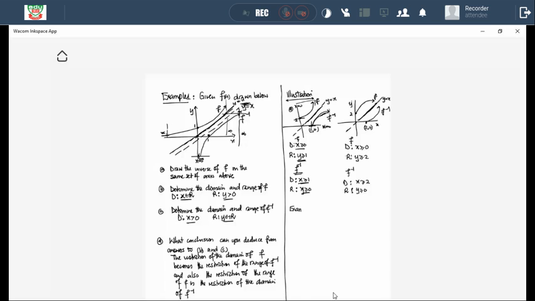Let me look at example number 2. I am given here f of x drawn below. Look at this, I've got a graph of this sort. There you go.